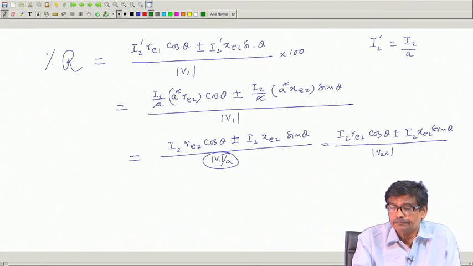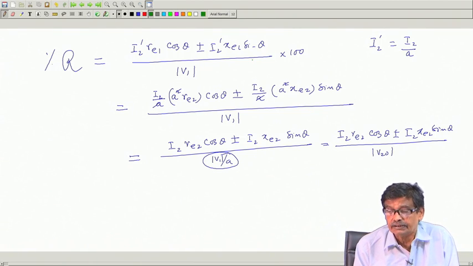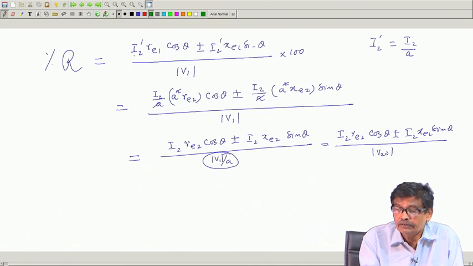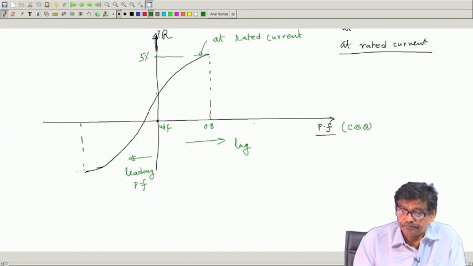Therefore, as you can see, if you want to calculate regulation at unity power factor, that means theta is 0, then it will be simply I2 dashed Re1 cos theta into 1 divided by V1. Put the corresponding power factor, that is how I plotted that, fixed up theta at rated current. I know the rated current, knowing the rating of the transformer. Re1 Xe1 I know from OC SC test, V1 is rated voltage I know. So, I can calculate, and this is how I will get this curve.